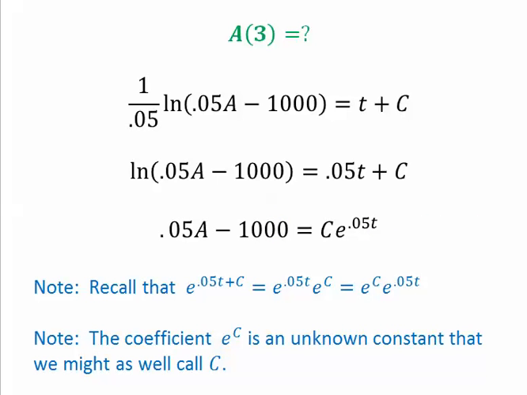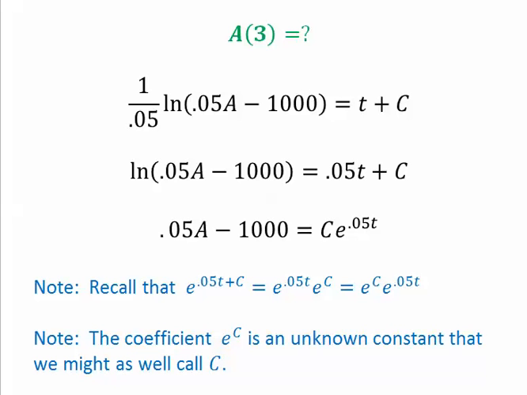A couple of things I want to point out. Technically speaking, I would have e to the 0.05t plus C, which gives me a product, but e to the C is an unknown constant. We might as well call it C. So that's what happened there.